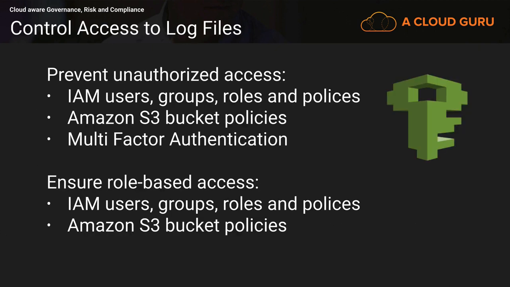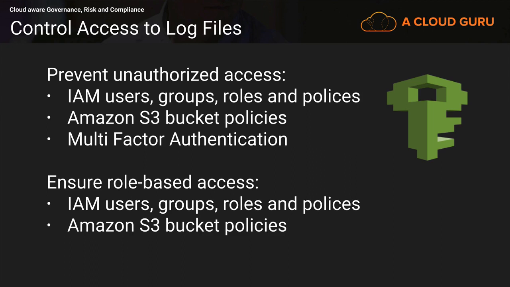Moving on, you should always control your access to log files. You should prevent unauthorized access, and you should be using things like Identity and Access Management users, groups, roles, and policies. That's from an IAM perspective. You should also be using Amazon S3 bucket policies to prevent unauthorized access. And of course, always enable multi-factor authentication, both at an IAM level as well as at a bucket policy or an object level if you need it inside your buckets.